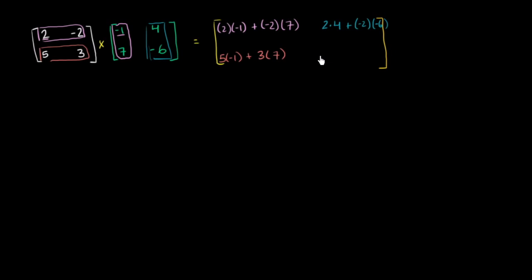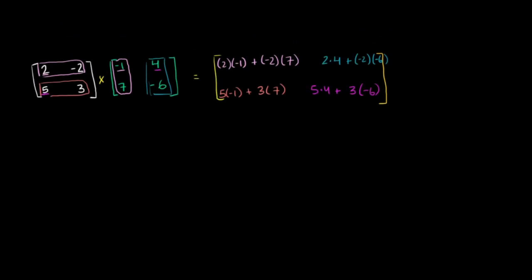To get the second row, second column, we multiply this row by this column right over here. So it is going to be 5 times 4 plus 3 times -6.